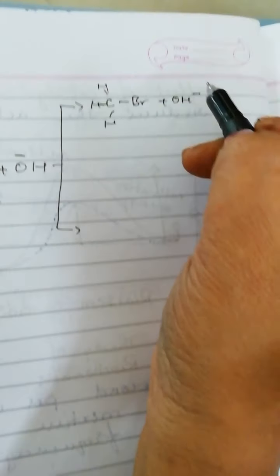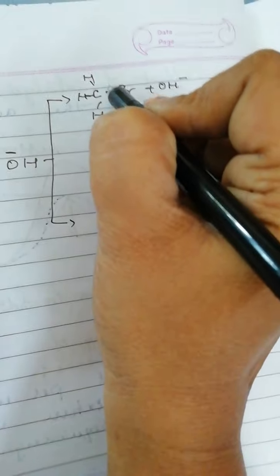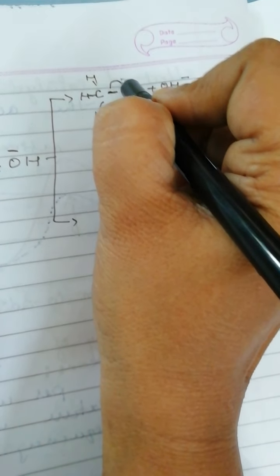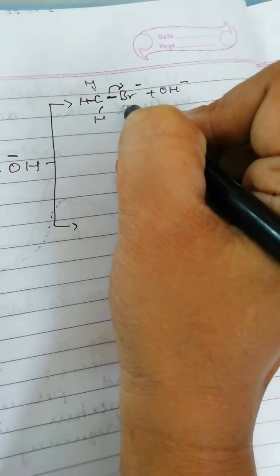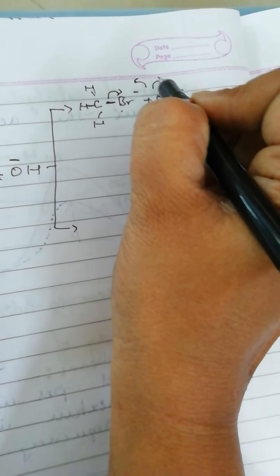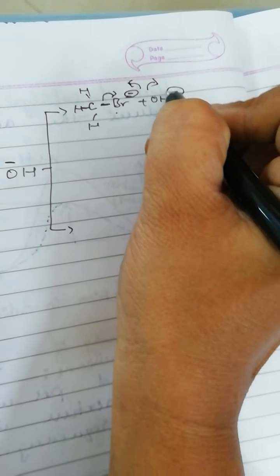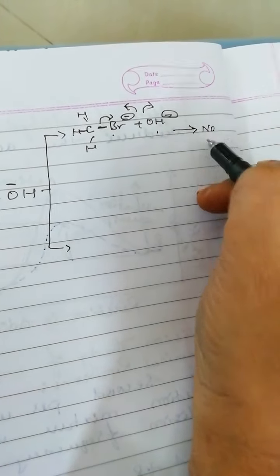Chemical reactions are nothing but old bonds breaking and new bonds forming. Now, if you see, heterolytic cleavage takes place, so bromide ion will form. Now, this is a negative ion, and this is a negative ion. What happens? They repel each other. Can they join together? Because both are negatively charged, they repel each other. As a result, no products.